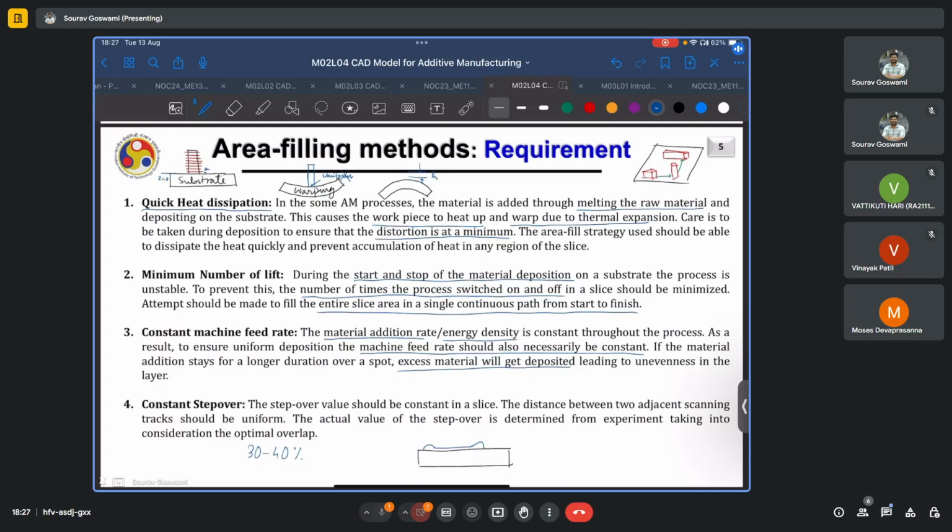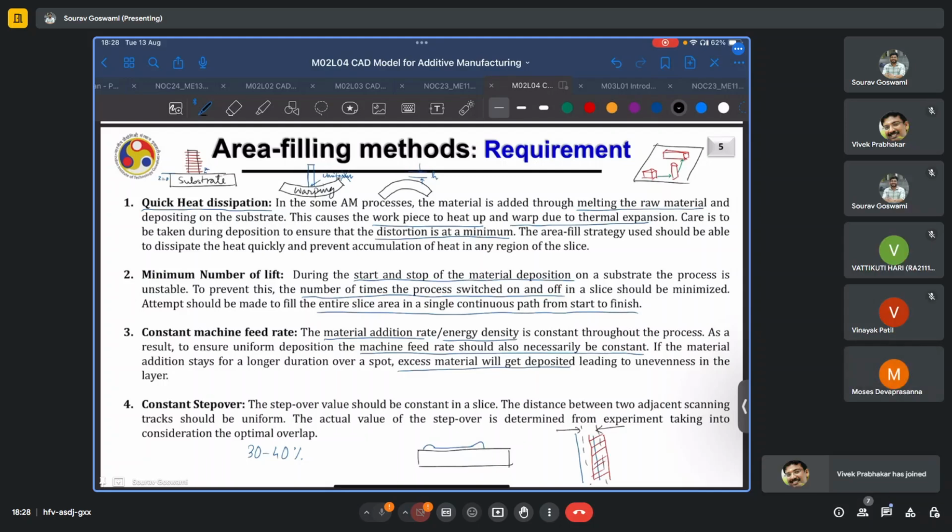And the way this is calculated is, you have center to center distances, say you deposit one track and now you deposit the next with some overlap. Say this is the second track, and you would measure the center to center distances, say D, and this is a step over distance.